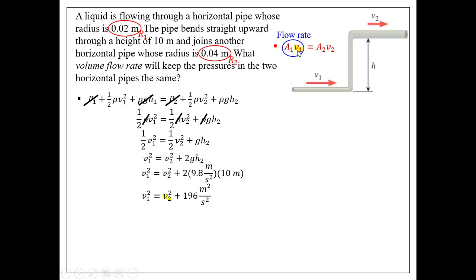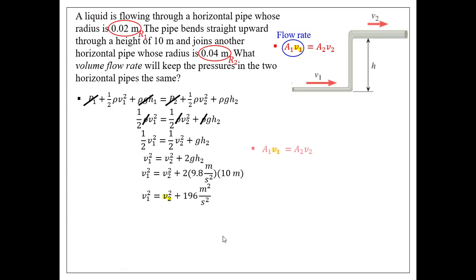What I don't know is how fast the water is flowing through this section of the pipe. So in order to find V1 squared, I need to figure out what V2 is, and then 2 times 9.8 times 10 is just 196. I just carry the units down here for you. If you want, you can leave the units out. It seems like everything's already in meters, so things will cancel nicely for you in this particular problem, okay?